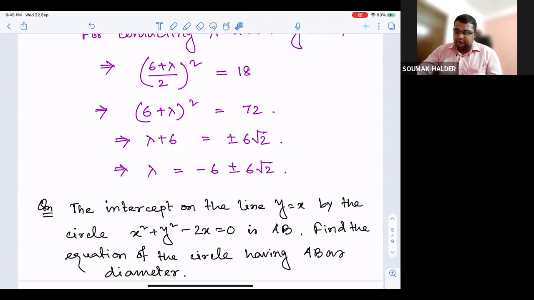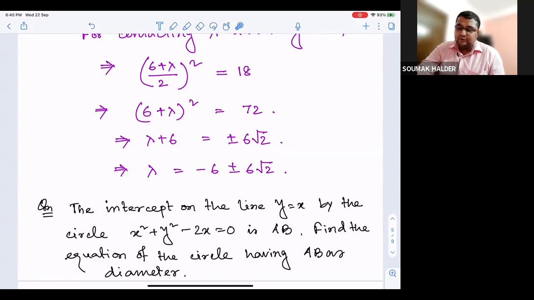This circle has quite an easy equation and the line is very special, so we can go for determination of the coordinates of A and B by solving the line and the circle together, as it is going to be very easy here. After having A and B, the circle with AB as diameter can be found in diametric extreme form.